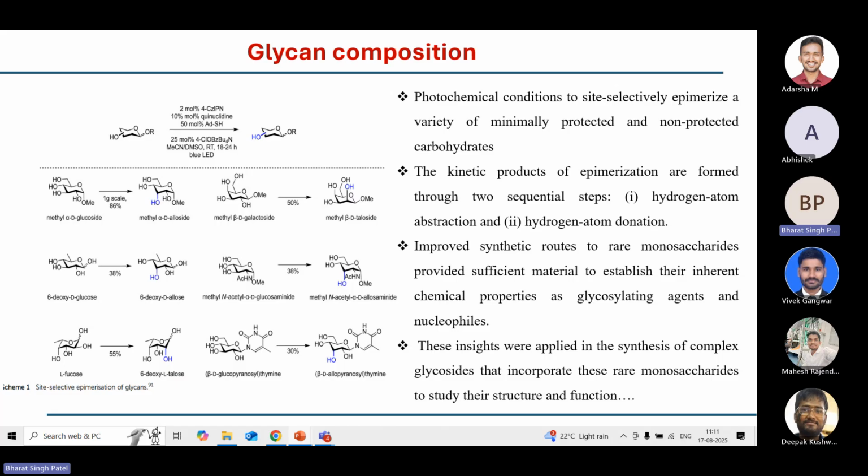So in that case, starting with the methyl glucoside, just 3 hydroxy groups were converted from equatorial to axial.